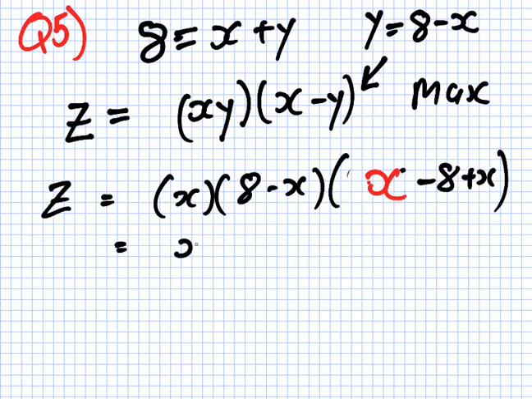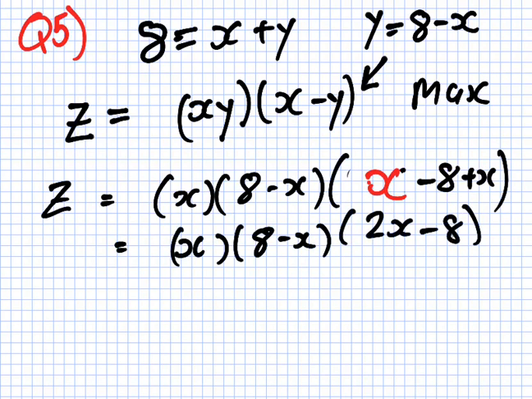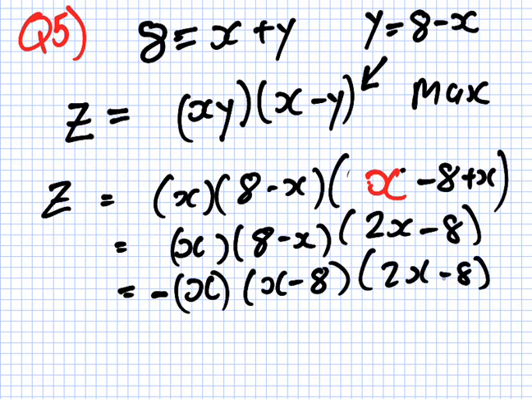That equals x by 8 minus x by 2x minus 8. I think just to make this multiplication a little bit easier, I'll take the minus out from this one and change it into x minus 8, 2x minus 8. Okay, now I'll multiply.